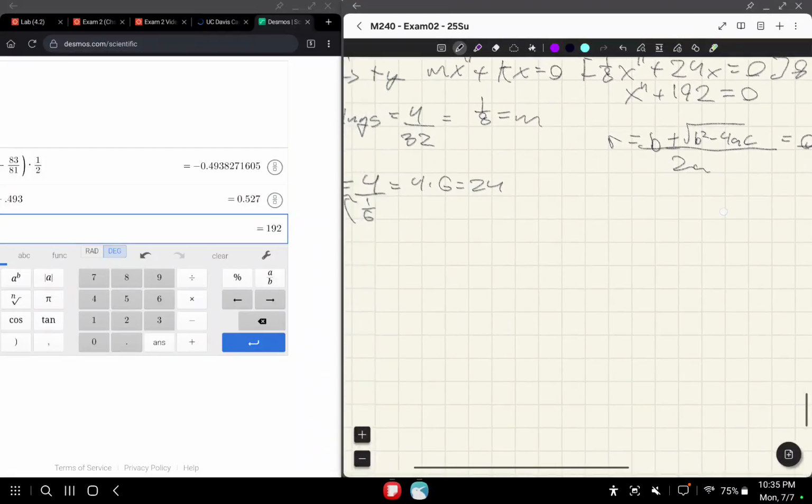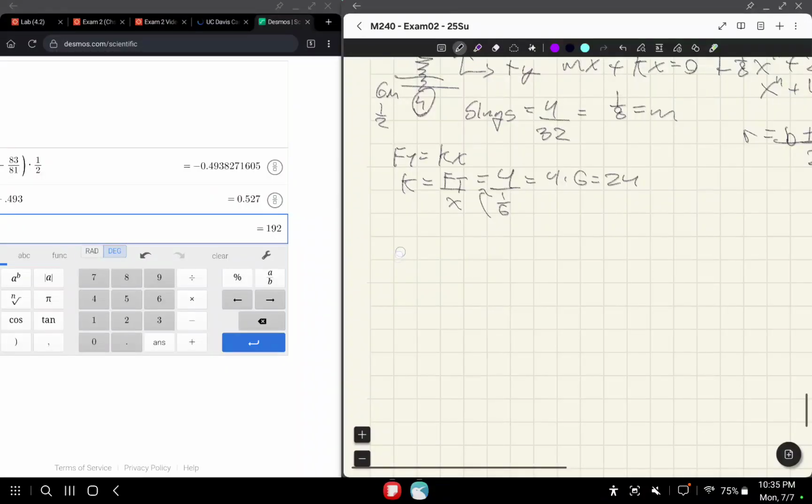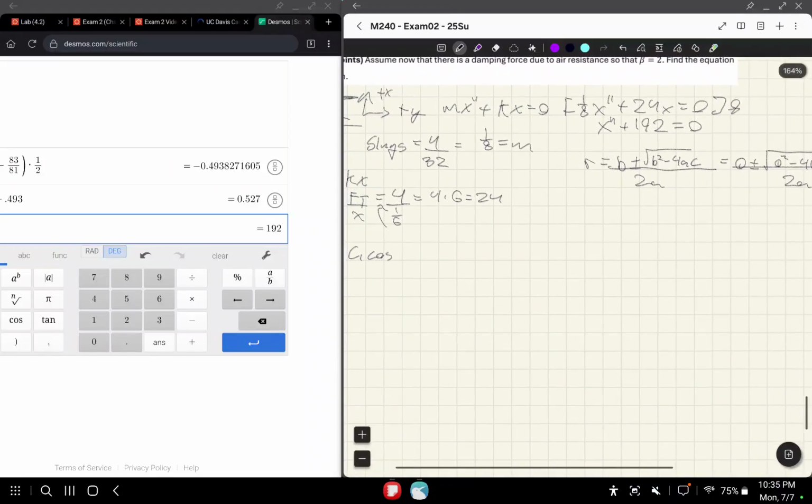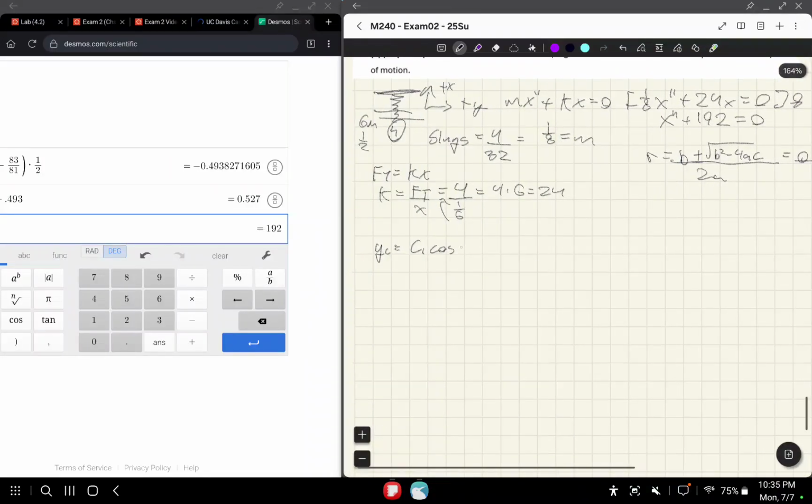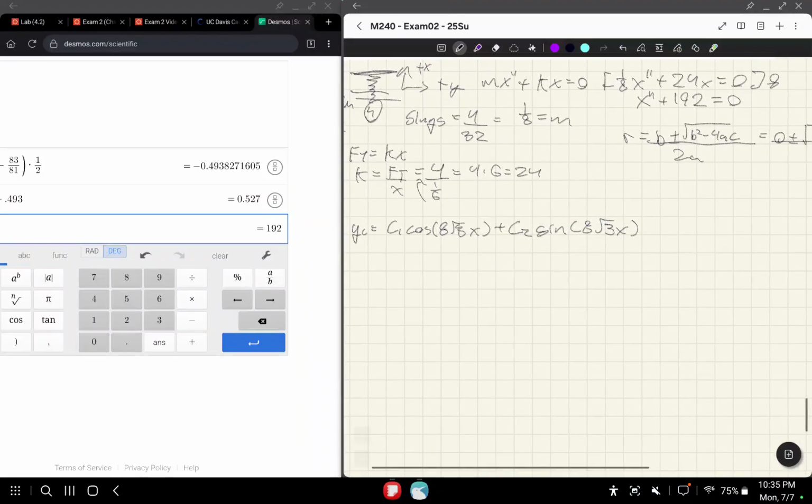Then our characteristic equation will be yc equals C1 cosine of 8 root 3 x plus C2 sine of 8 root 3 x.